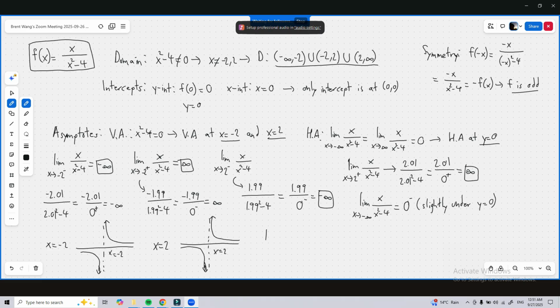And the limit as x approaches infinity of f of x would be equal to 0, but slightly higher than 0. So 0 plus. This is going to look messy now, but take a look at this. When I sketch the curve, you'll perfectly see the asymptotic behavior towards each of these asymptotes.